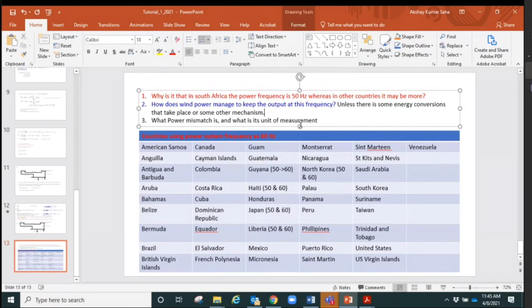But if we are using only a simple induction generator, the stator is connected, but we still have an electronic converter to control the frequency. If we use a permanent magnet synchronous generator, then we also have a frequency controller, an electronic controller.